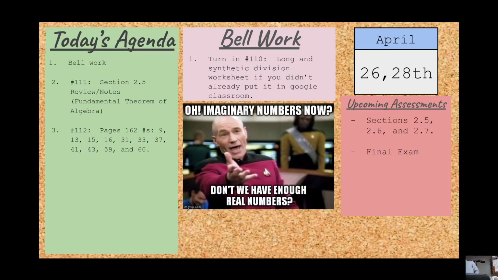Okay, so let's check your answers to 9 and 13. And then there's one more thing I need to tell you for the next two. It didn't come up on our practice worksheet.